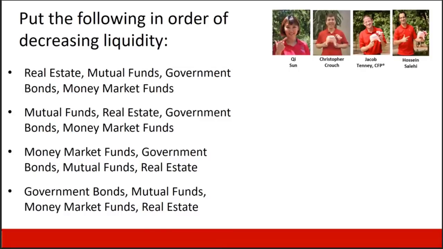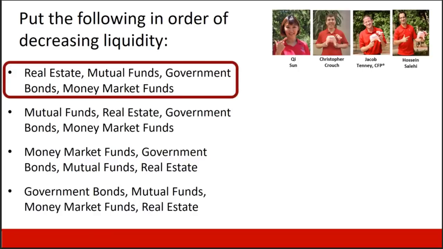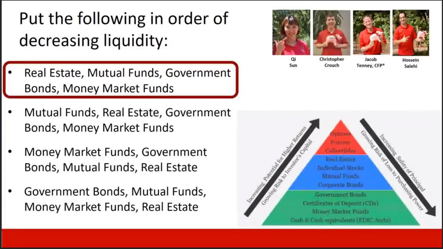So we're going to want the least liquid at the end. Yeah, that's right. Bonds, mutual funds. So don't pay attention to that. It's actually the third one. That is increasing liquidity. Sorry about that. We'll fix that once we get the slides out.